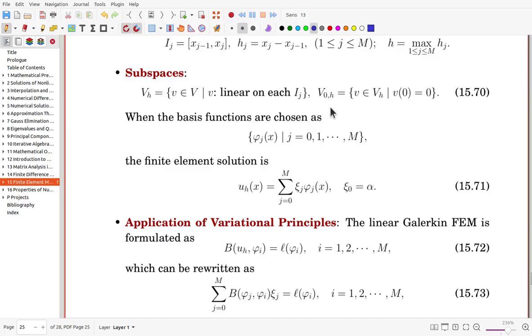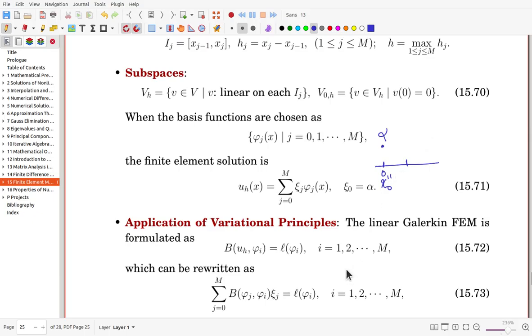We don't need anything more complicated than this, because already at the left edge point, which is x_0, the value is known. There it is alpha. This value is known, so we don't have to introduce any further complication.